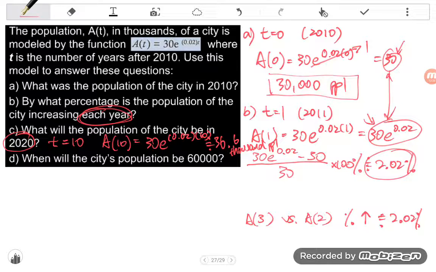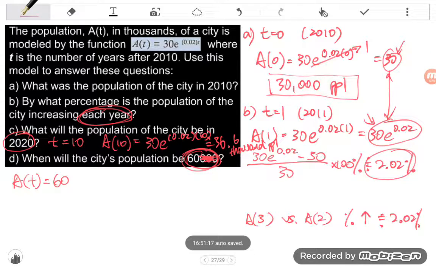For part D, we need to find the time, knowing that my population is 60,000. But because the population that I get out of my A of t is in thousands, my A of t here is not 60,000, because it is already in thousands. So I can remove the three zeros at the back. Does that make sense?